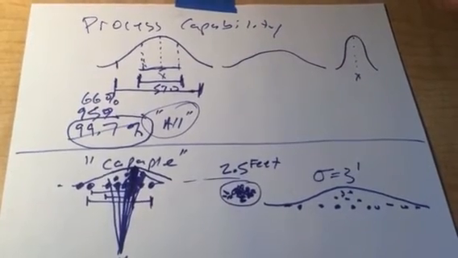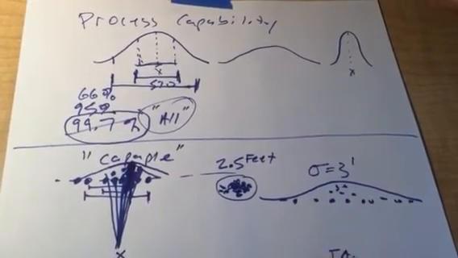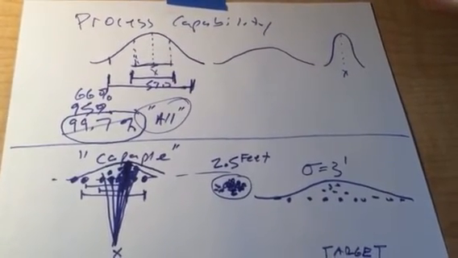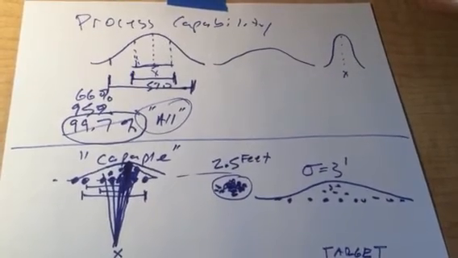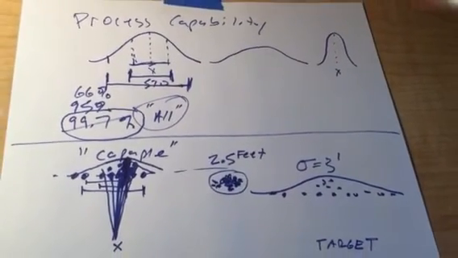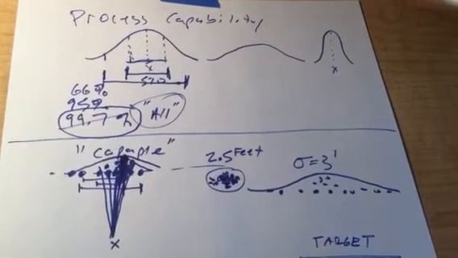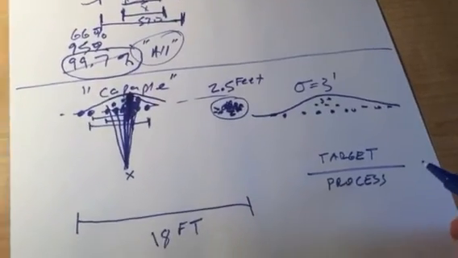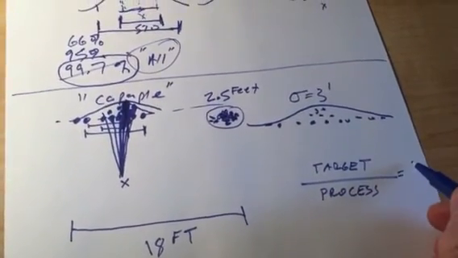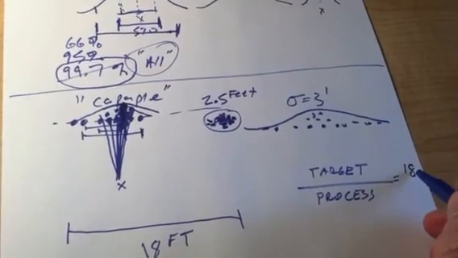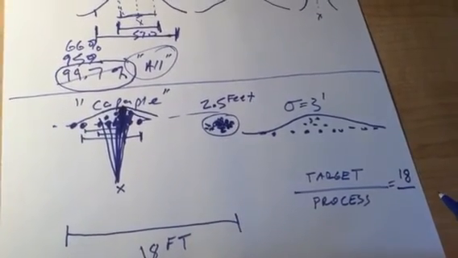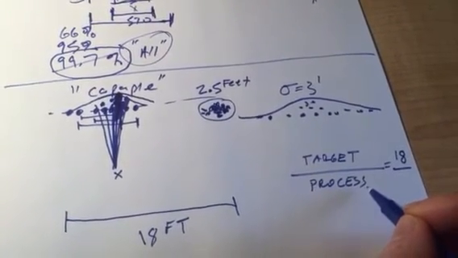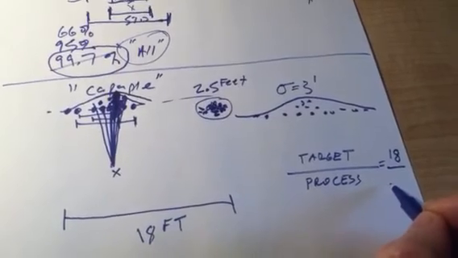So process capability is just the width of the target over the width of the process, or the amount of variability in the target versus the amount of variability in the process. If our target is 18 feet wide, we put that in the numerator, and then we need some quantification of how spread out the process is in the denominator.